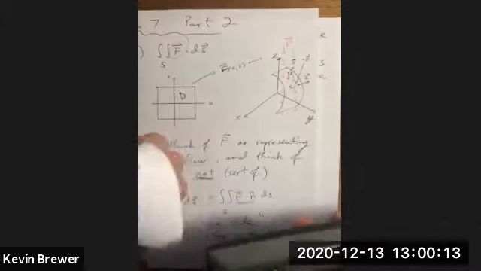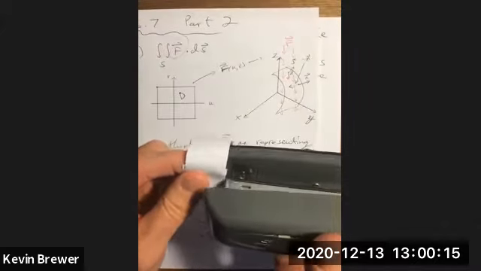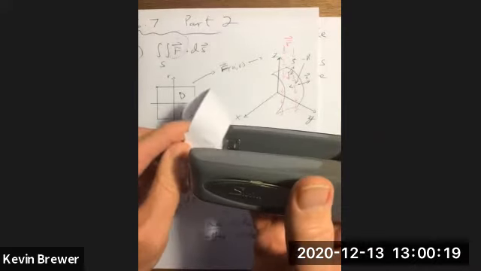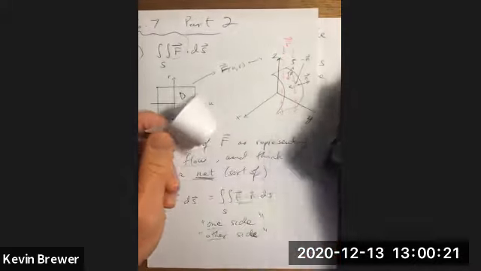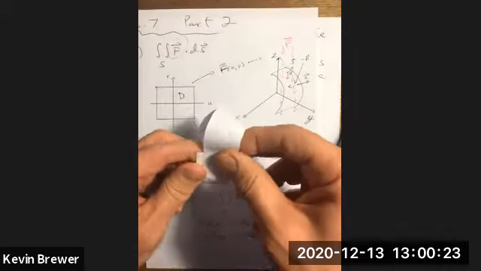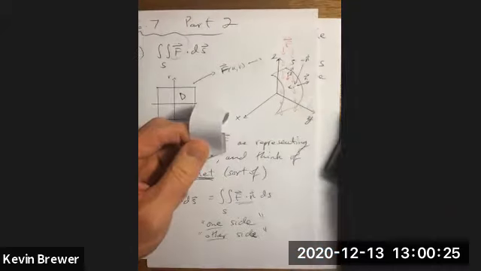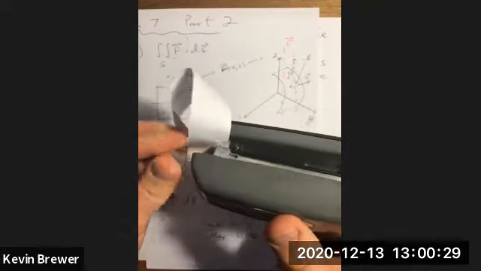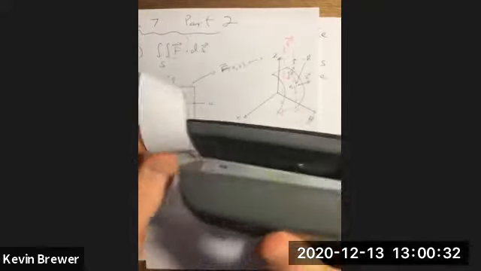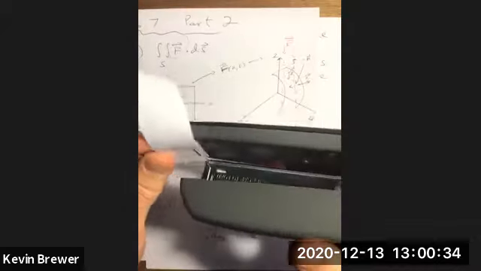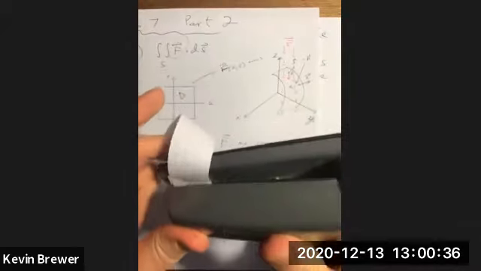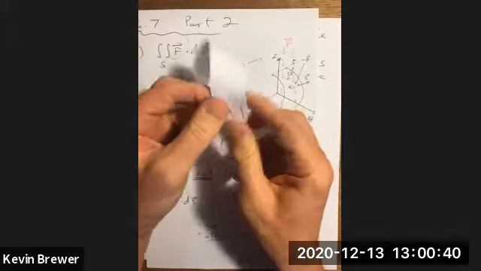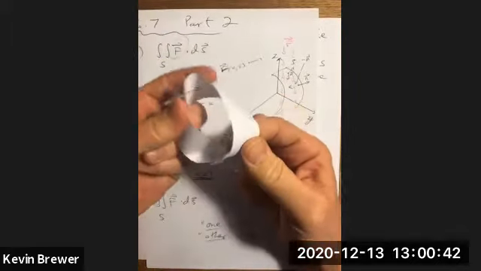If I did it really nice, it wouldn't just be a staple. It would actually merge the two pieces. But this is good enough. Now imagine. You don't have to imagine it. I'll do it.